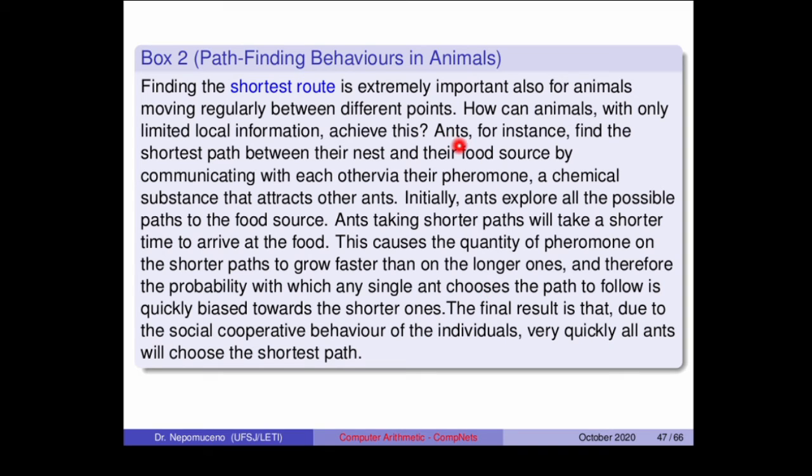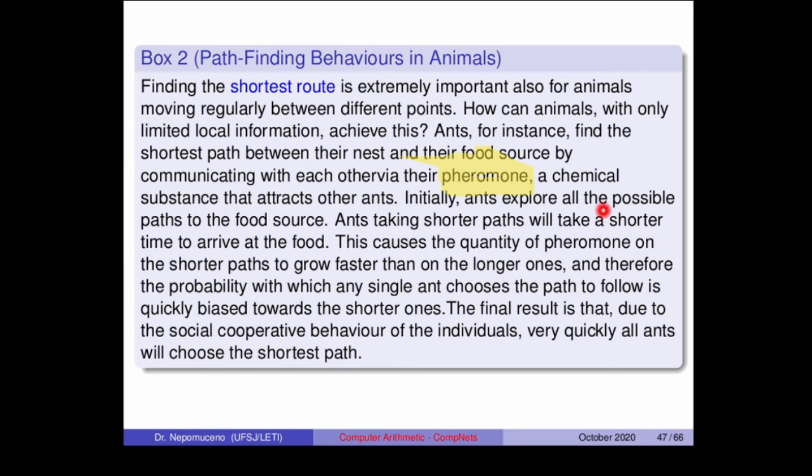Ants, for instance, find the shortest path between their nest and the food source by communicating with each other via their pheromone, a chemical substance that attracts other ants. So this pheromone is put on the ground, and with this information, other ants can feel the best path, right?